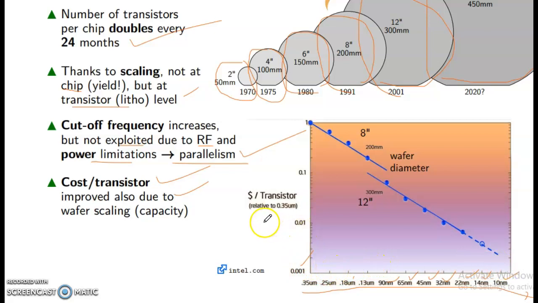On the y-axis, dollar per transistor relative to 0.35 micrometer: 0.001, 0.01, 0.1, 1.